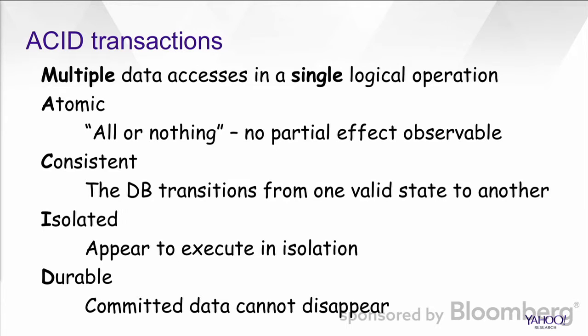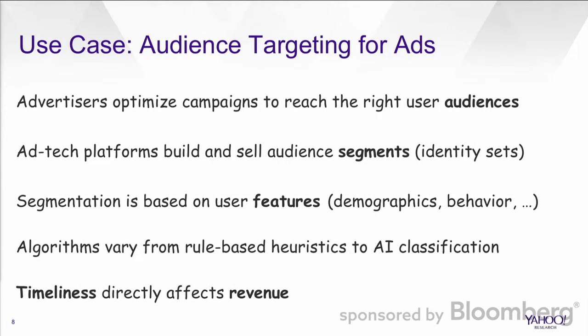Boom, it's there. Okay, so let's start by talking about the first use case that we have at Yahoo where we used Omid, which is audience targeting. When an advertiser uploads a new advertisement to the marketplace, it doesn't only provide its content. It also provides a lot of metadata and a lot of optimization information.